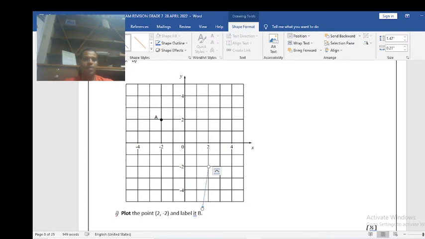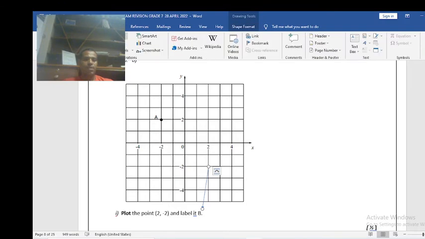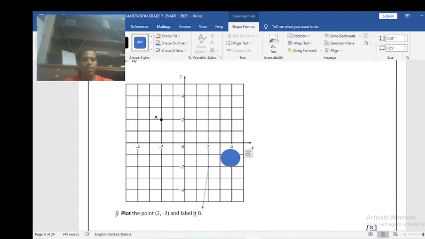This is the letter B. I will write it here and make an arrow.